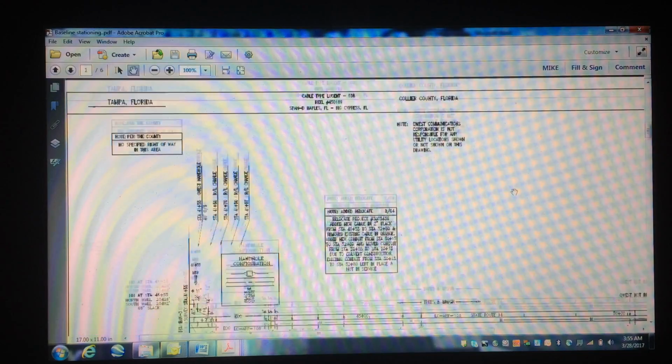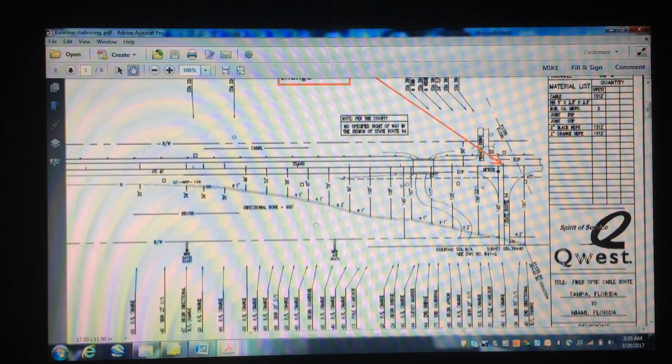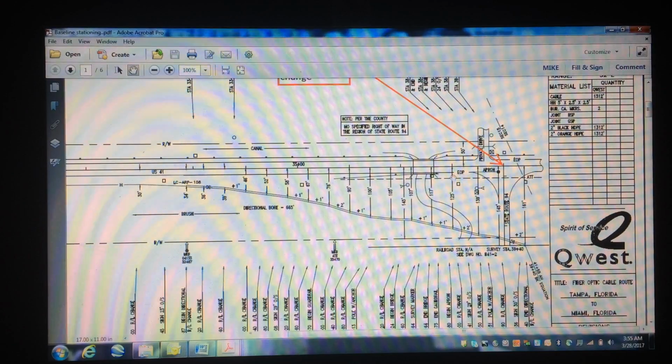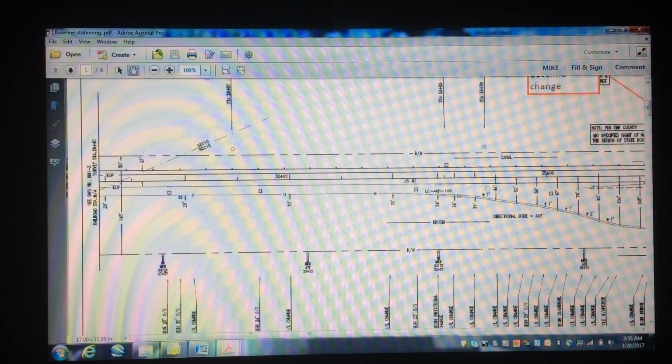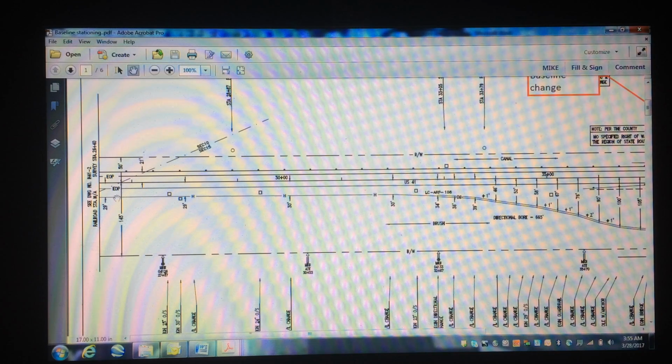Now, this isn't that good of an example of a baseline change, but you can see here, here's US 41. Here's the edge of the road, EOP, and you can see we're using the center line as our baseline here.